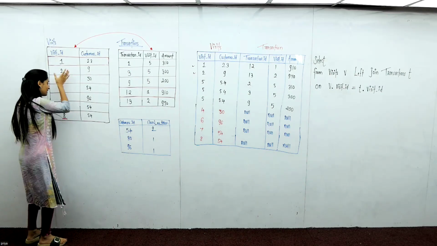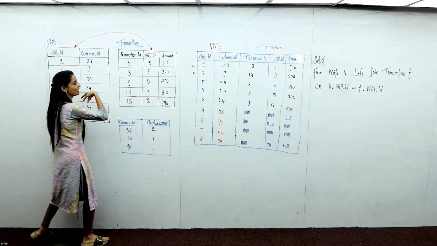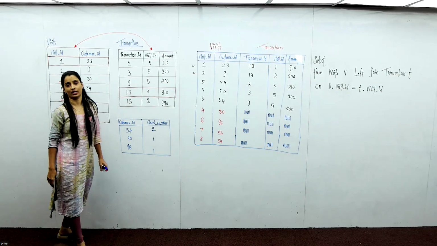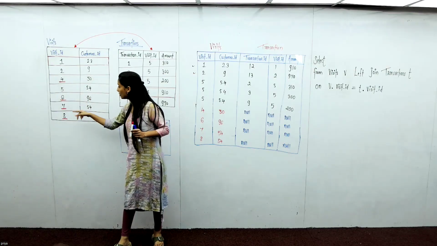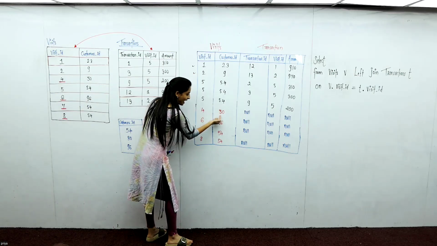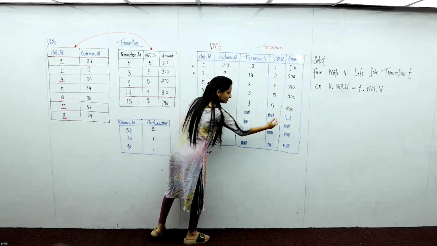But the visit IDs that do not have any transaction record, those records we should return. Otherwise, all customers visited. See here, each customer has their own visit ID, but these are the customer IDs who visited but do not have any transaction.